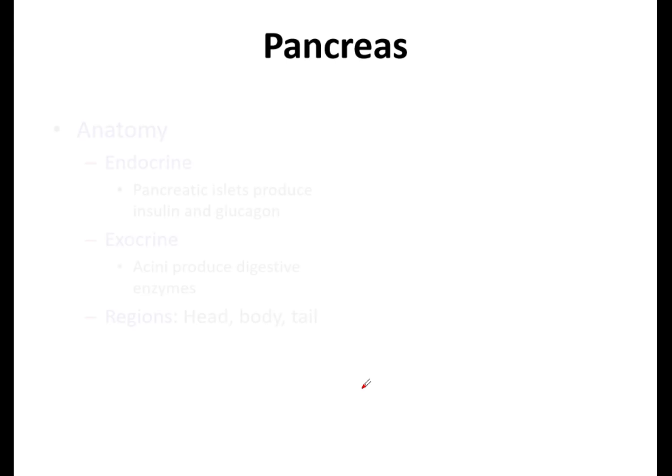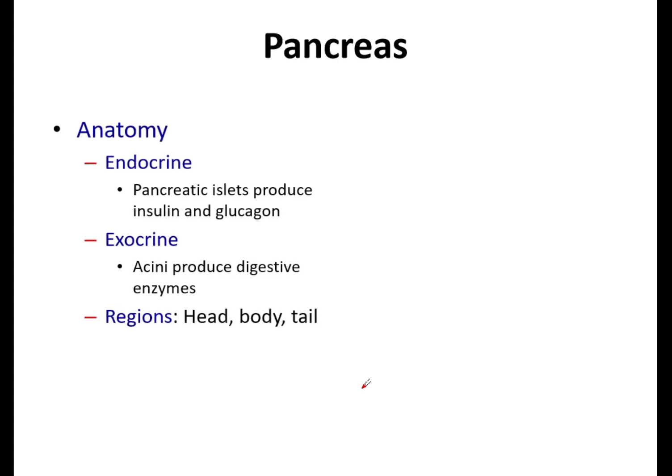The endocrine part, the pancreatic islets, produces insulin and glucagon. Endocrine means it releases hormones, and the hormones are insulin and glucagon. The other is the exocrine part, which means duct secretion. Acini produce digestive enzymes.